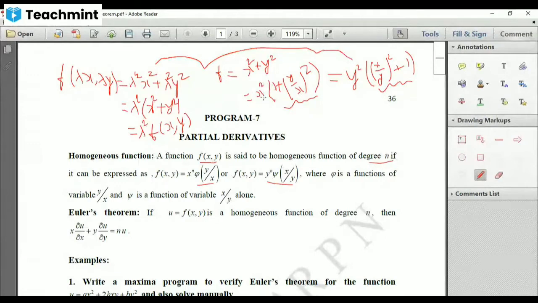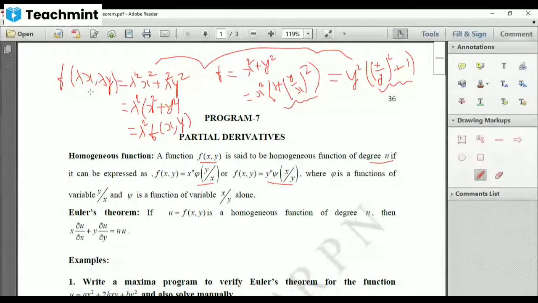Either you take the maximum power of x outside, and if the remainder is a function of y by x, then we can say it is homogeneous. If you can take out the maximum power of y outside and the remaining expression is a function of x by y, then also it is homogeneous.